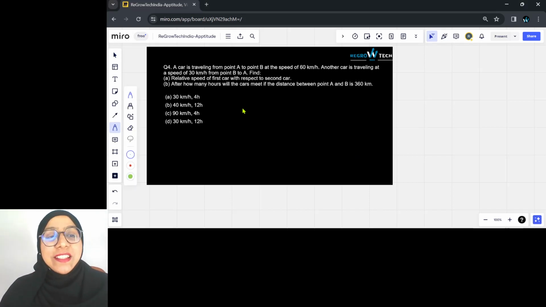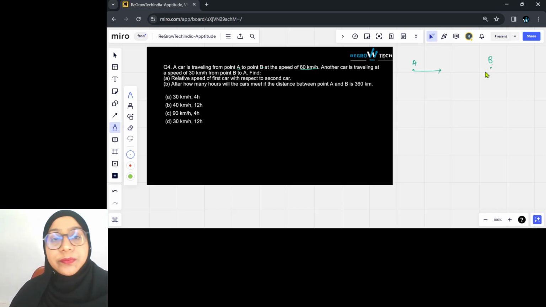So, let's read this question. Here it says a car is traveling from point A to point B at the speed of 60 kilometers an hour. Okay, so there is point A, right? A car is traveling from point A to point B, and let's say B is here.